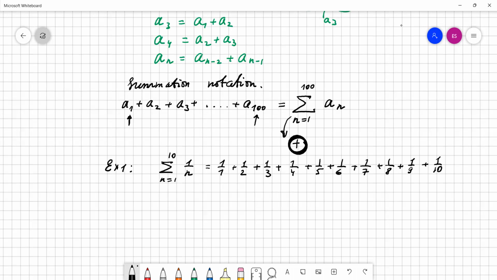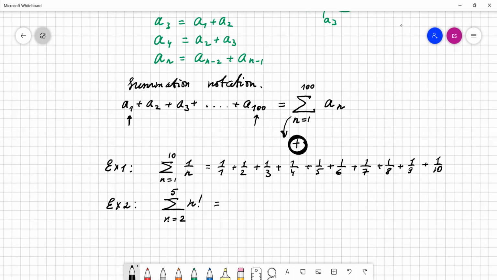So instead of writing down these 10 terms, you can just write down 1 over n and it goes from 1 to 10. Is it necessary to start sigma with n equals 1? No, you can start with n equals 2 or n equals 5. Let's try to write down the next one and see what the elements are. I'm going to start with n equals 2 to n equals 5 of n factorial.